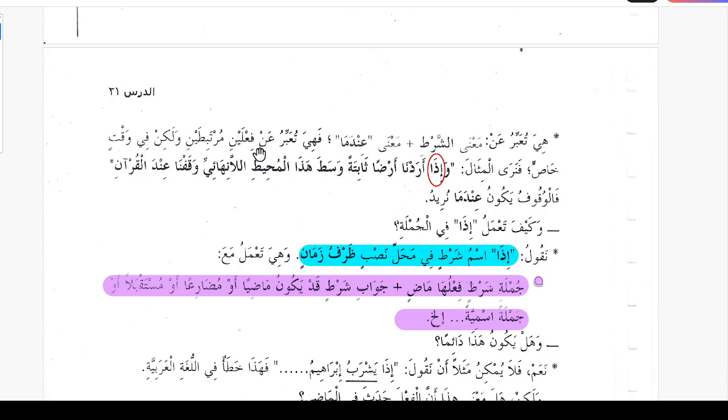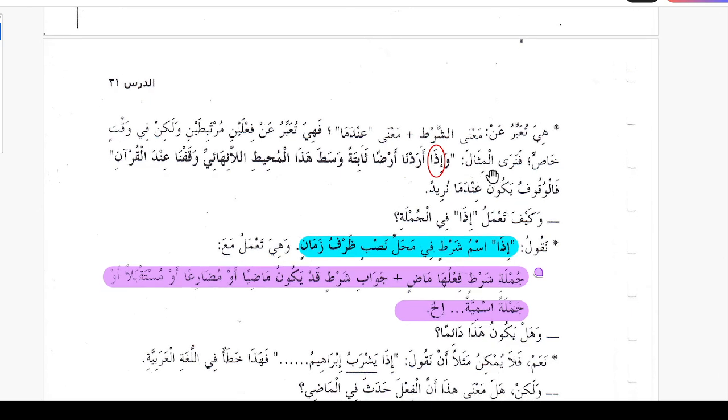It expresses two connected actions, shart and jawabu shart, in a specific time.